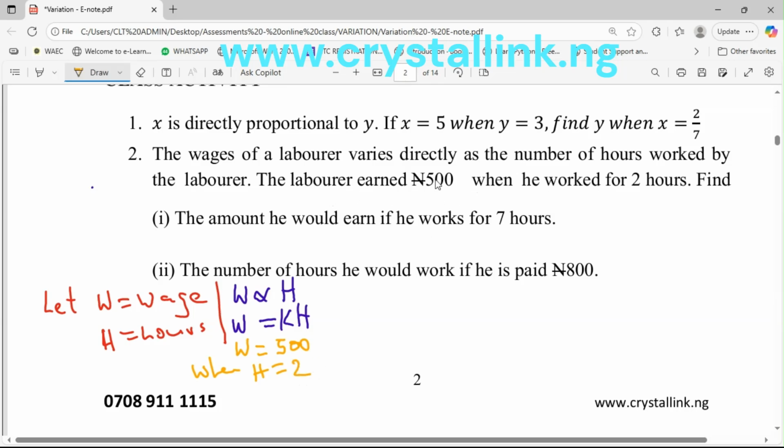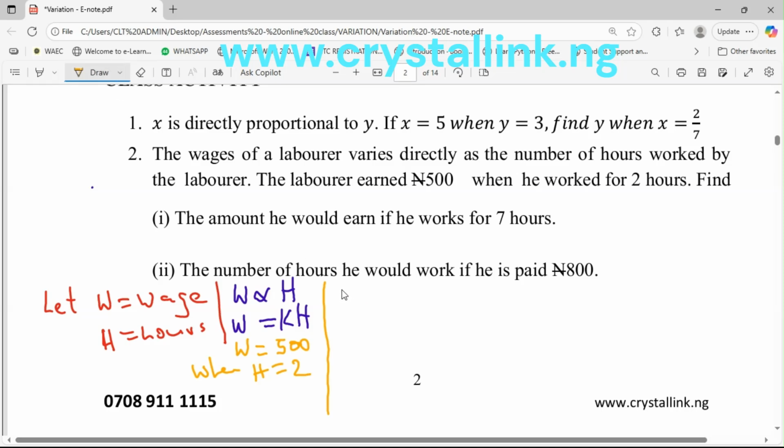Because once again, he earned 500 when he worked for 2 hours. So with these two initial values, we put them inside here to get the value of K.